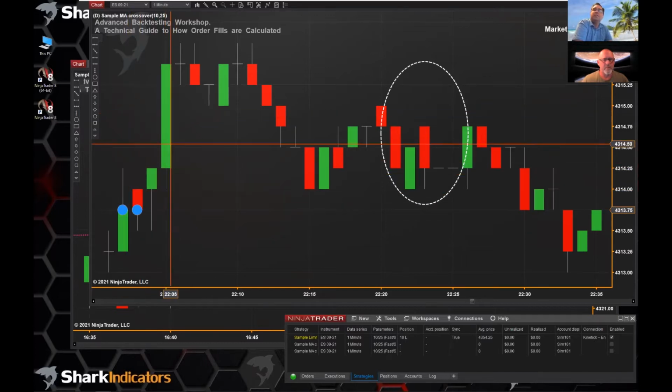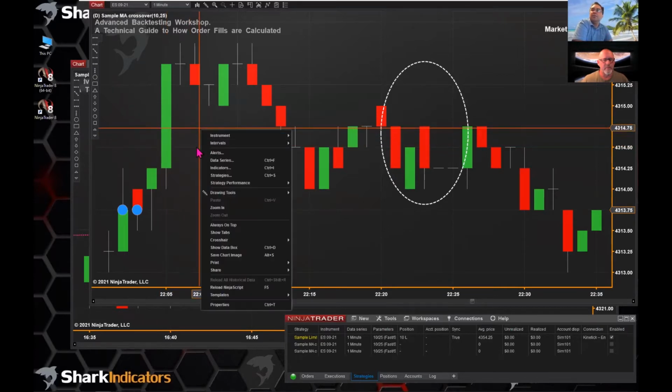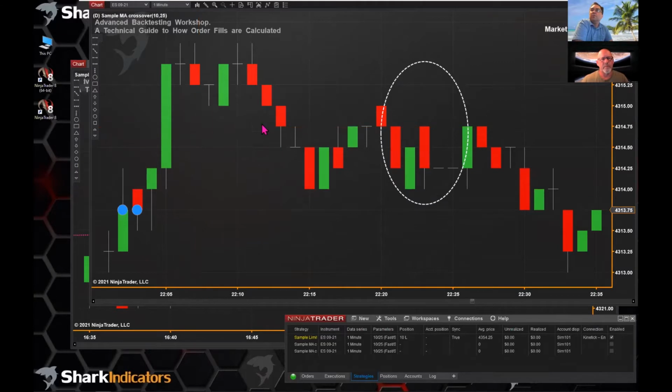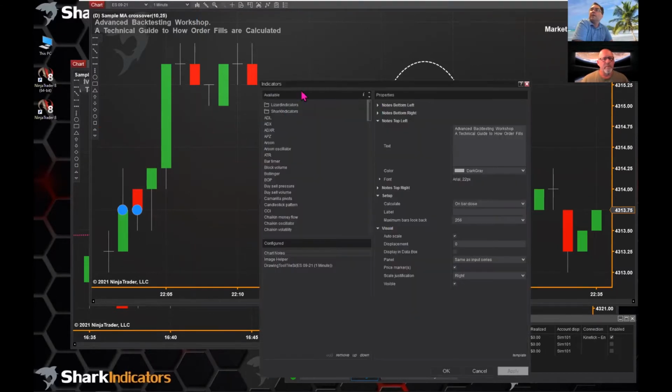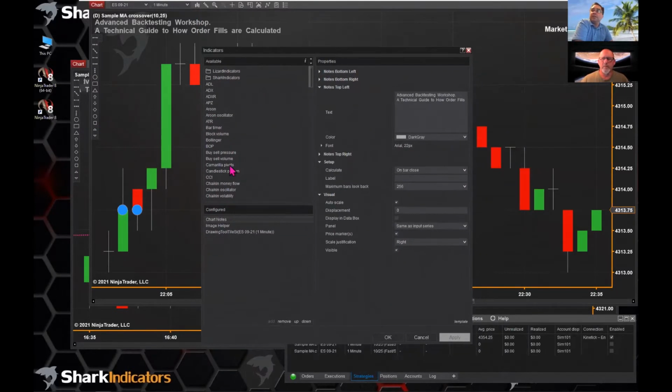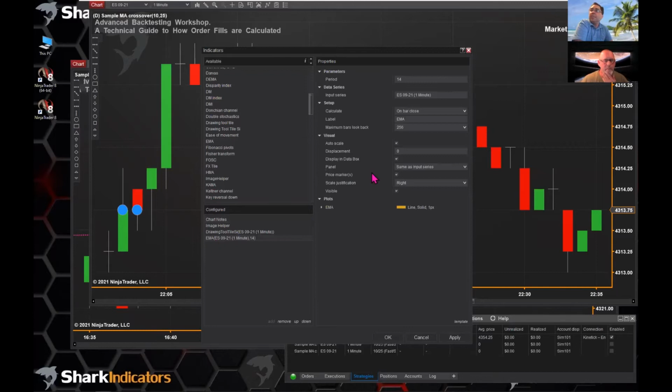If you want to test intra-bar, if your system runs intra-bar, and for the new people here, what we're talking about here, let's pull up the EMA, a simple EMA, right? All indicators have this calculate mode.